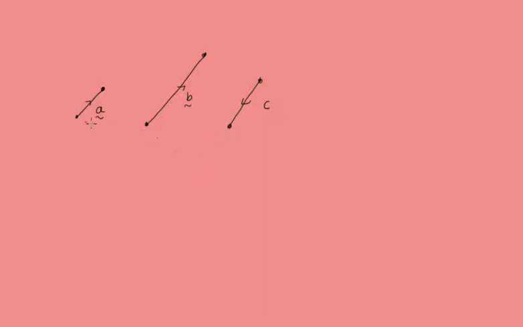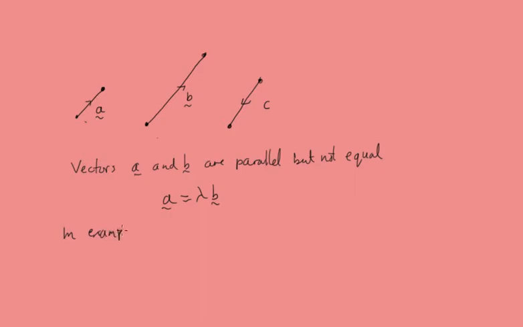And so if vectors A and B are parallel, but not equal, so not the same vector, we can write A as some scalar of B. Now in fact A is half of B, so in our example A is half of B, so B is equal to 2A.